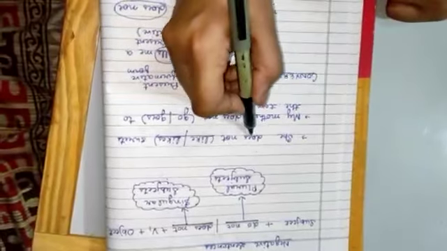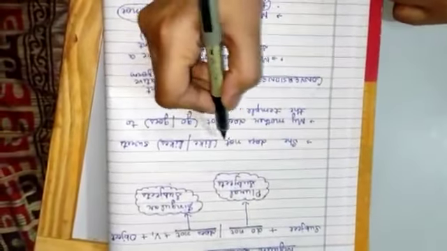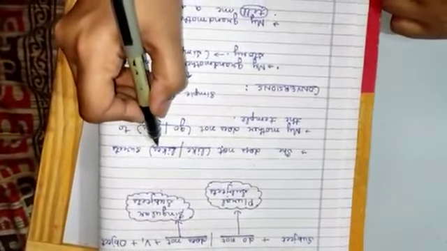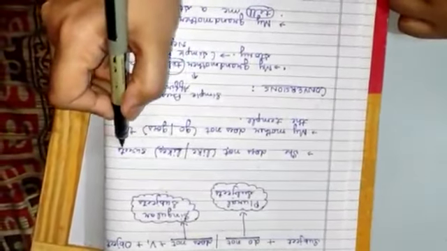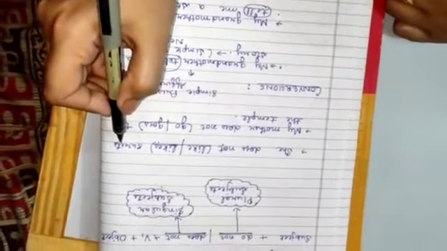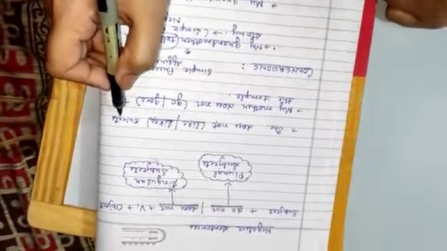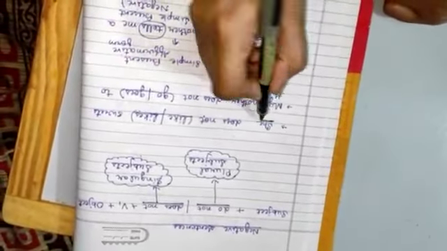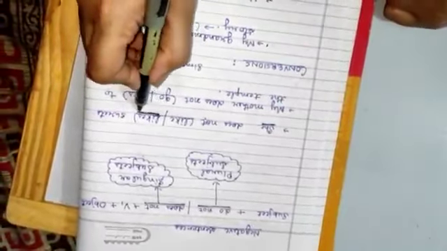Okay, let's take examples. She does not, I have written two options here, like and likes sweets. Now, I know there is a confusion in this, that if this is singular, then we should use likes.